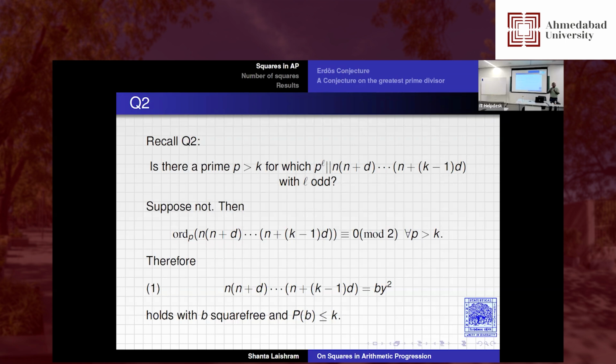Square free means a number which is not divisible by the square of any prime, for example 3, 5, 10, 15. And not only that, the largest prime factor of b is less than or equal to k.